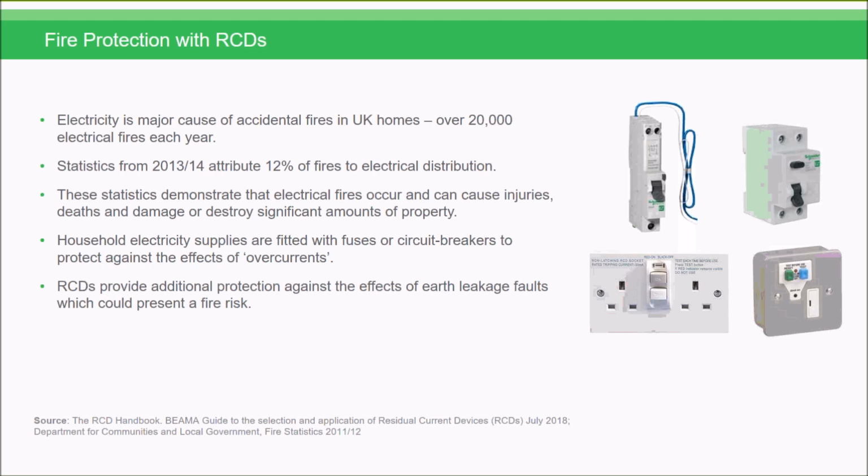And these stats demonstrate that electrical fires occur and can cause injuries, death and damage and destroy significant amounts of property. So household electricity supplies are fitted with fuses and circuit breakers to protect against the effects of overcurrents. The RCDs provide additional protection against the effects of earth leakage faults that can present this fire risk.